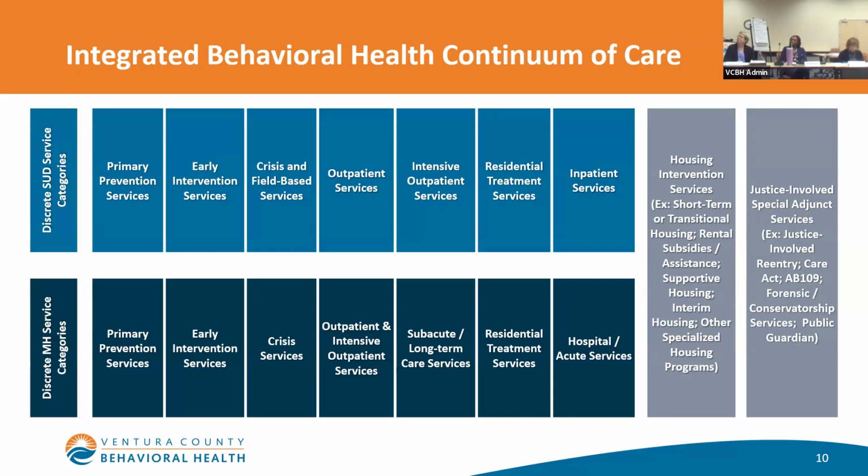So those are our housing intervention, and also the justice-involved special adjunctive services that we are now obligated to. In terms of our own clinic, we do the majority of the outpatient. But as a plan, we are responsible to ensure that all of these continuum functions are being fulfilled.